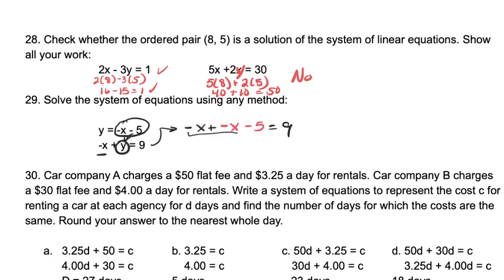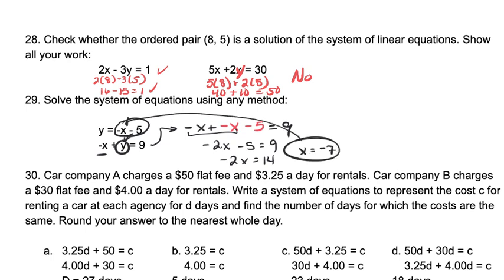Okay, so now I clean up the side, that's negative 2x minus 5 equals 9. I add 5 to both sides and divide by 2, so x is negative 7. Now I just take that negative 7 up there, that's y equals negative 7 minus 5, or 7 minus 5. Y equals 2, so there's my solutions, negative 7, 2.